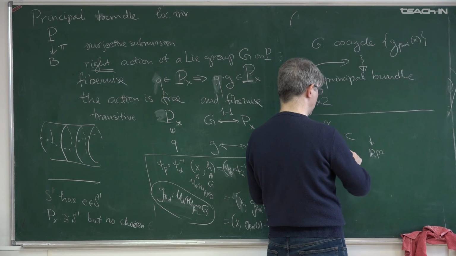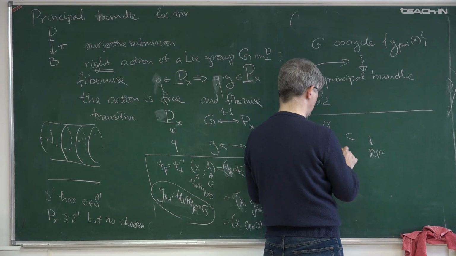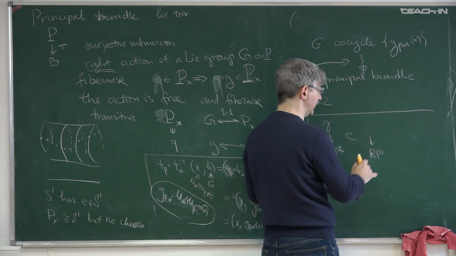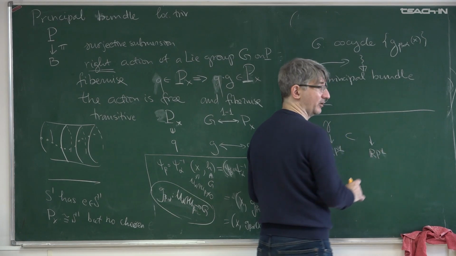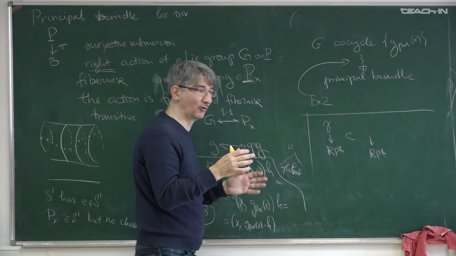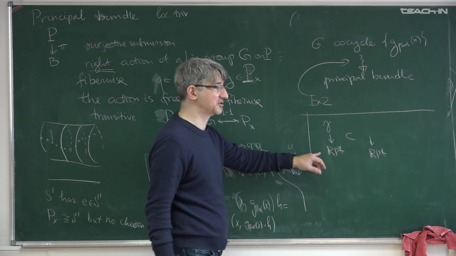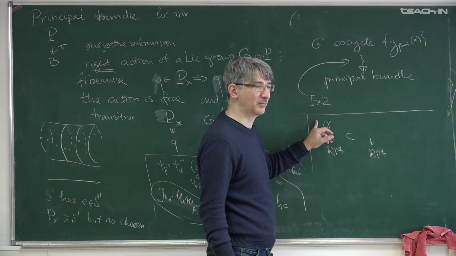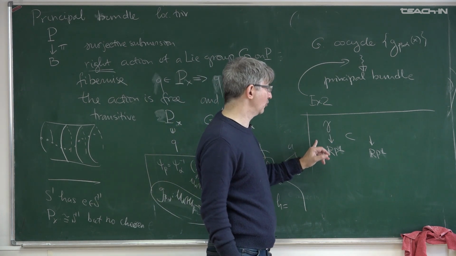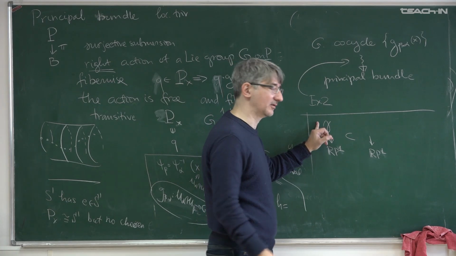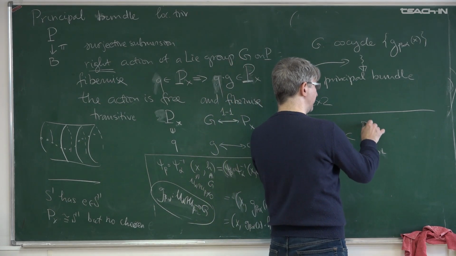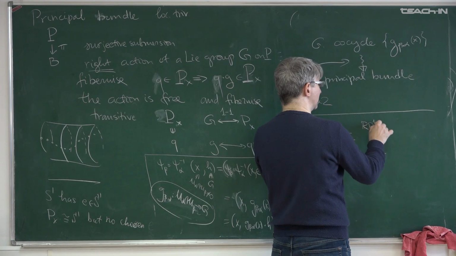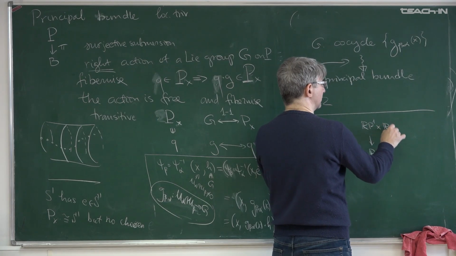Okay, let's take the projective line, just to have a small number of coordinates. We have the tautological line bundle over the projective line. So the tautological line bundle sits inside the trivial vector bundle of rank 2. Yes?